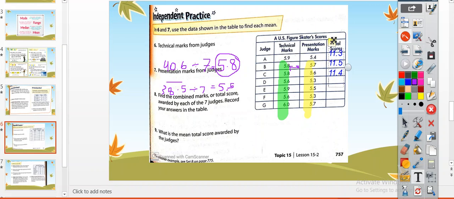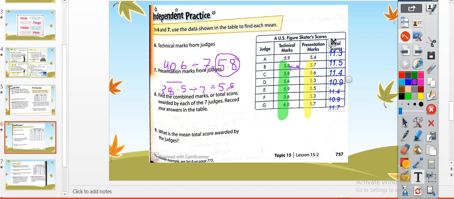Okay, the next one is 10.9. Okay, I'm gonna make the font smaller. Okay, then 11.4, then 10.9, and finally 11.7.